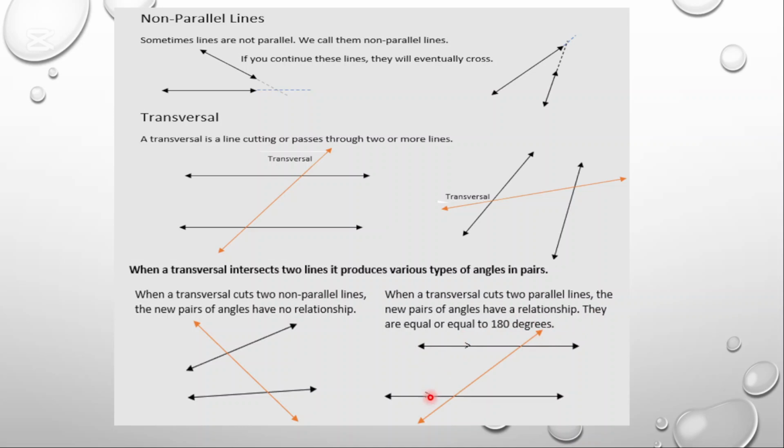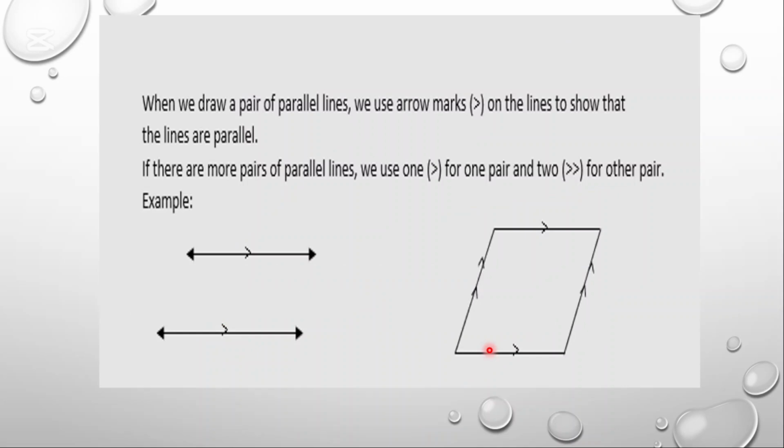So here we have 2 parallel lines and a transversal, and the new pair of angles that we are going to discuss today will have a relationship if the lines are parallel. So when we draw parallel lines, we use arrow marks, okay? Or we can say we mark them the same to show that the lines are parallel.